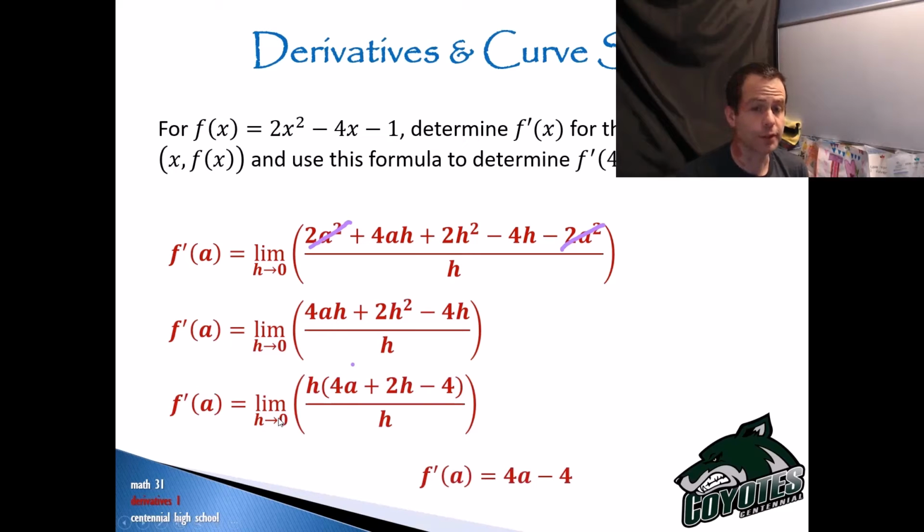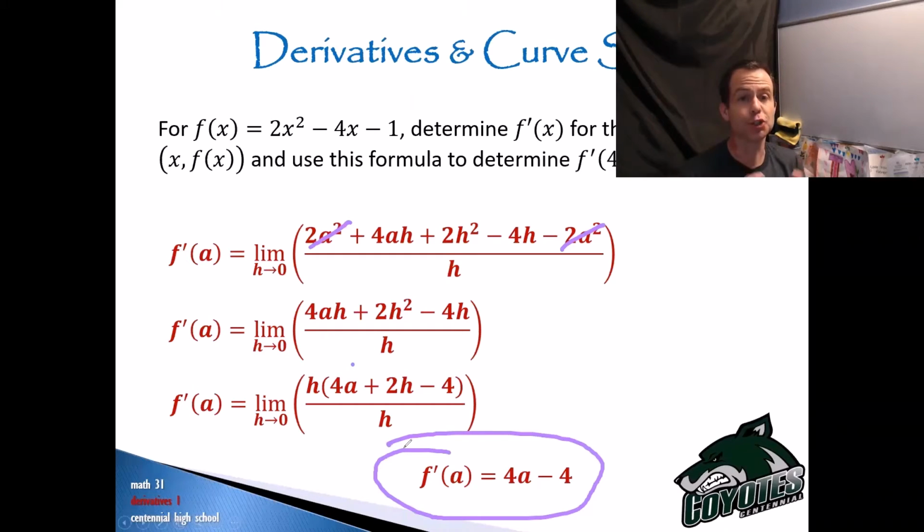When that approaches 0, my 2h will go, so I'm left with 4a minus 4.